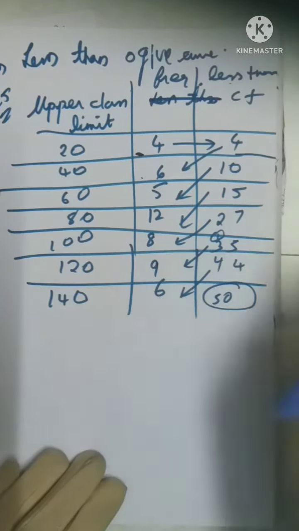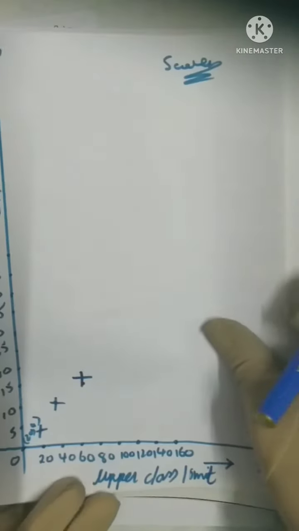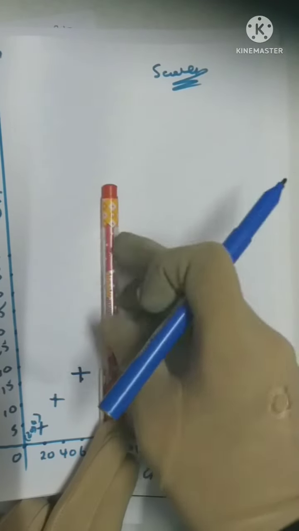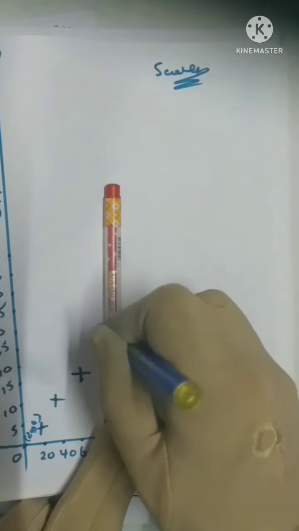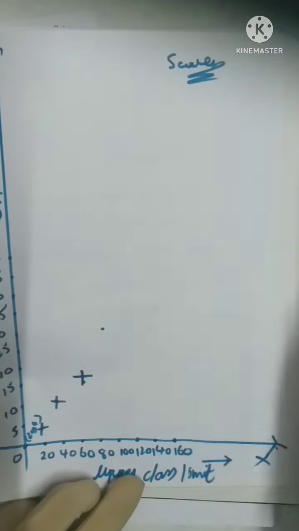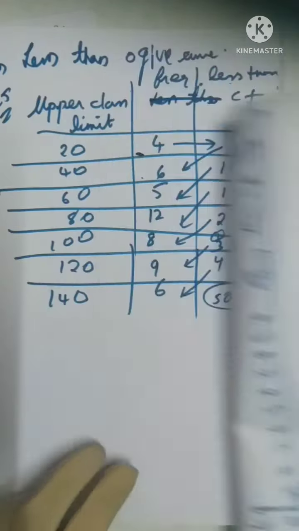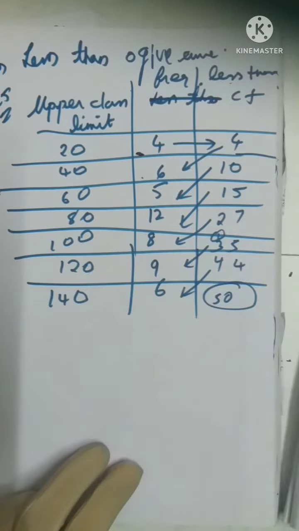When x is 80, y is 27. When x is 80, y is 27 means this is 30, right? This is my point. X is 100, y is 35.